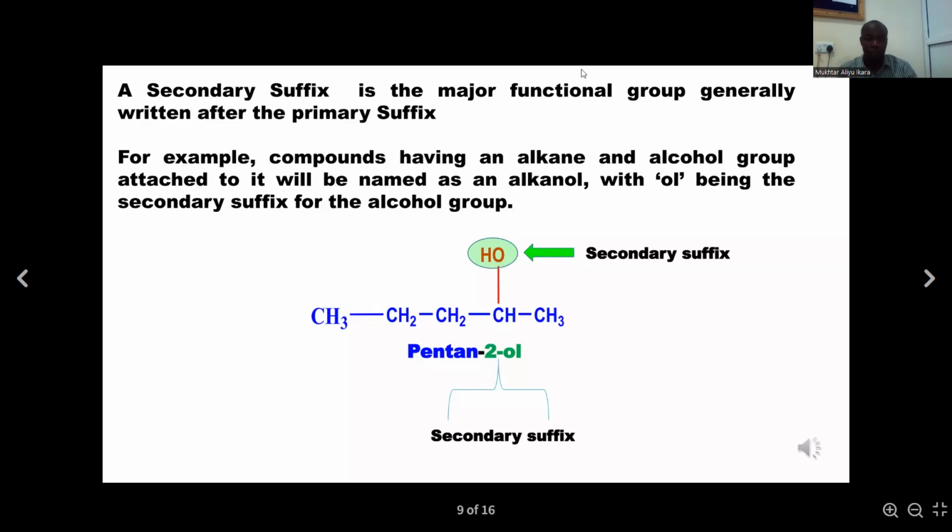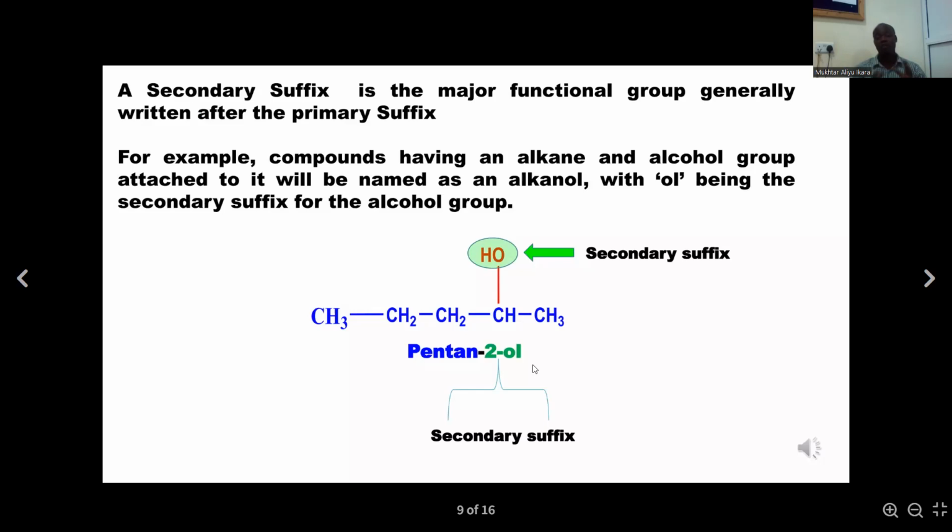So you see we have pent. Pent is a root name. The ane is a primary suffix. Then the OH group, which is ol, is the secondary suffix.